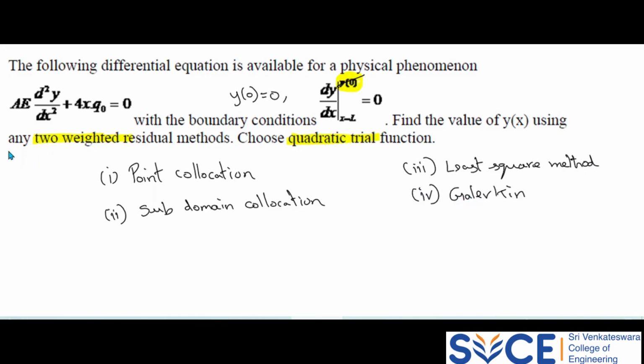Since they are asking you to choose any two methods, the easiest methods are point collocation and subdomain collocation. To save some time in solving the problems, we can use these two methods because they are very easy when compared to least square and Galerkin method. So using these two types we can solve this problem.